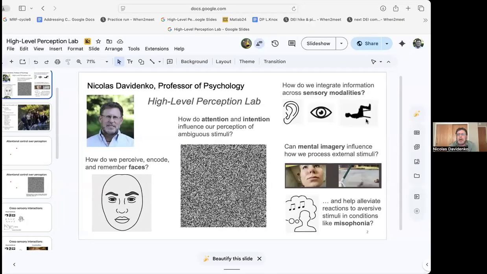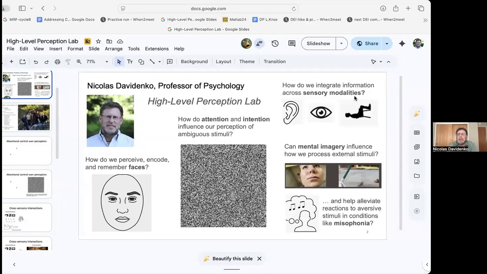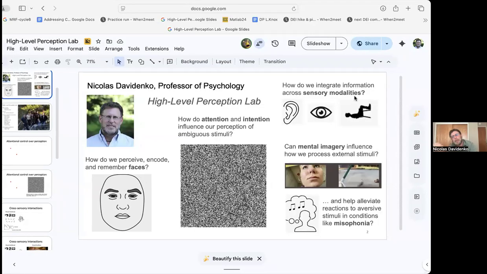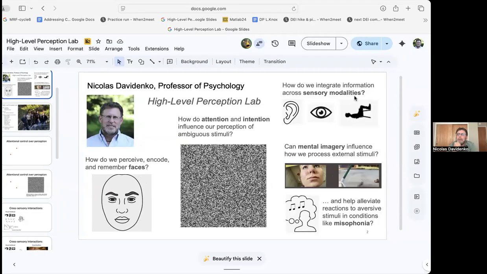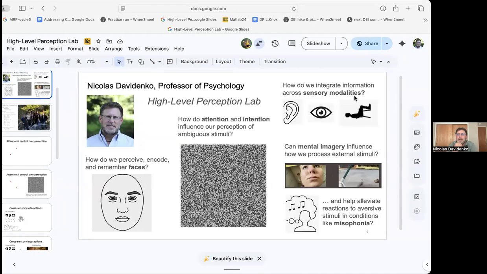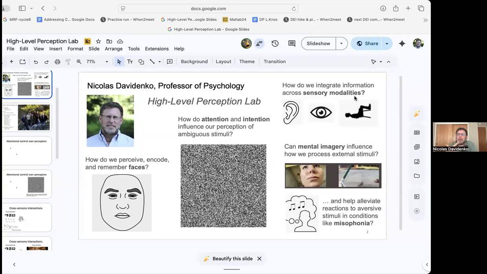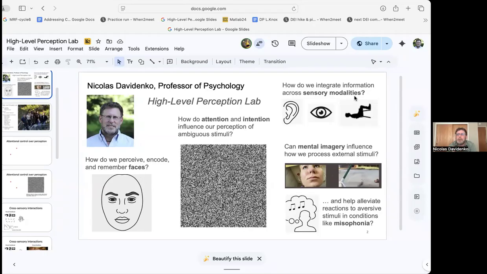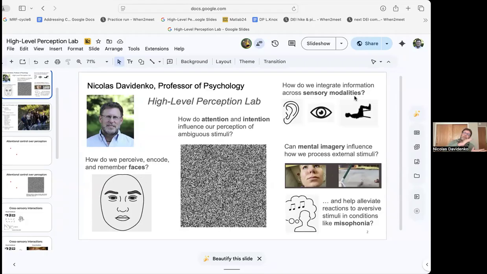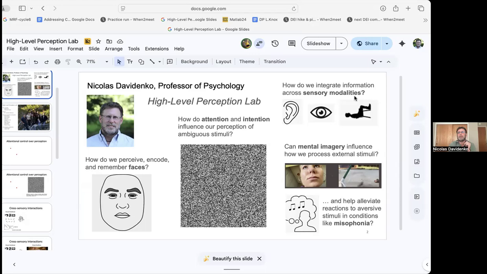So in this drawing of this person lying on a chair facing up, one of the manipulations we do in my lab is we put people in different orientations and present them with different types of visual tasks. The questions underlying that are, how does your body orientation and your sense of gravity affect how you perceive the world? And how does your perception differ if you're upright versus if you're lying or tilted in different positions?